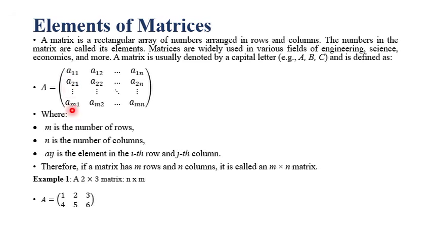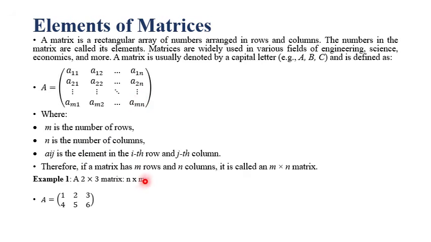So m usually, which is the number of rows, comes before n, and that is why for an element in, let's say, an unknown position, it can be identified by the specific value of the row and the specific value of the column. So the row here is the m and the column is denoted as n.